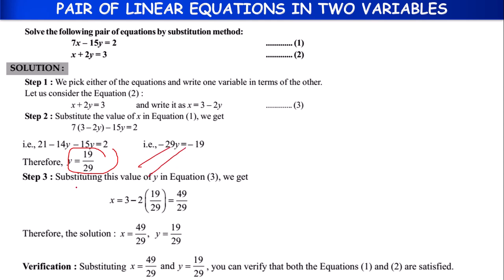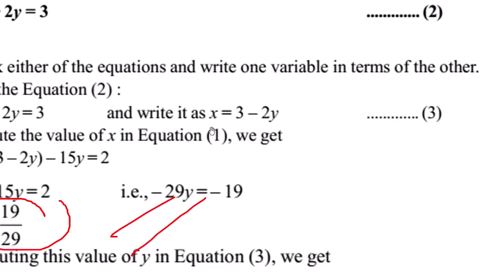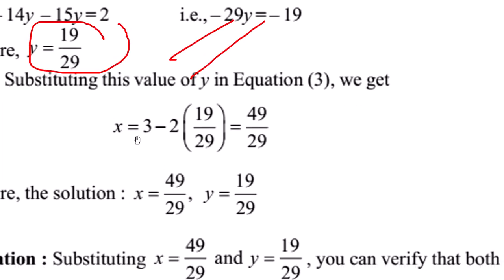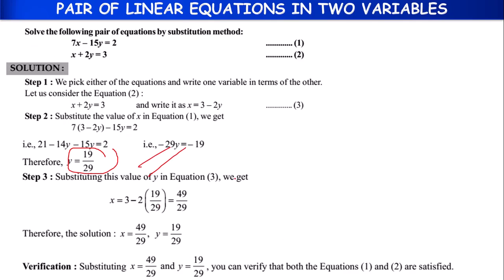For finding x, let's take this equation, x equal to 3 minus 2y. In the place of y, let's keep the value. x equal to 3 minus 2 into 19 by 29. If we simplify, x equal to 3 minus 38 by 29.